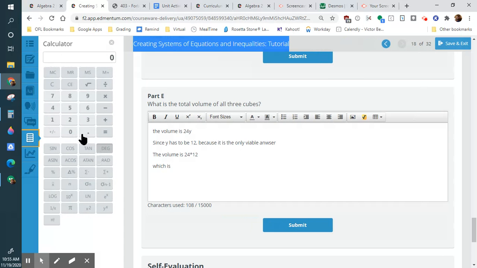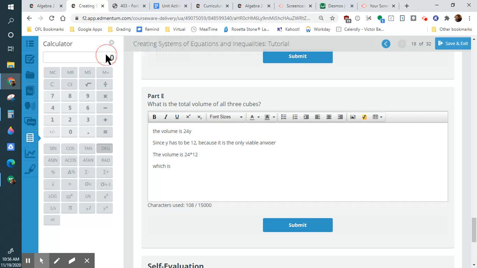I'm not the biggest fan of the Edmentum calculator, but it's useful when you're in a rush. 24 times 12. I use the keyboard to enter it in, which is 288.